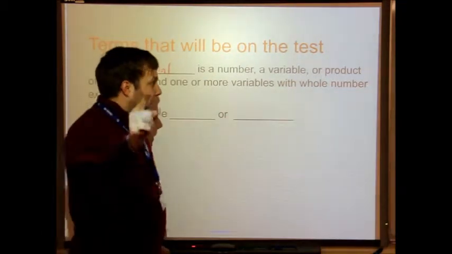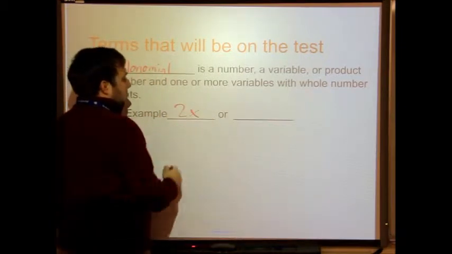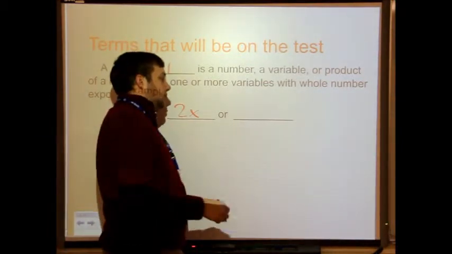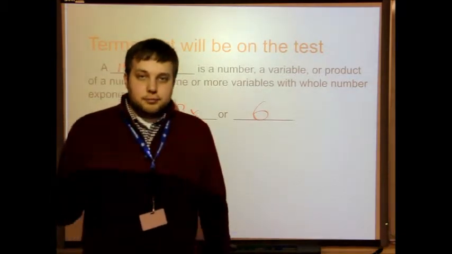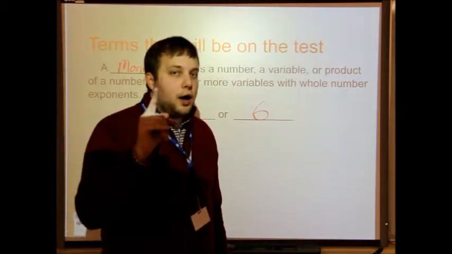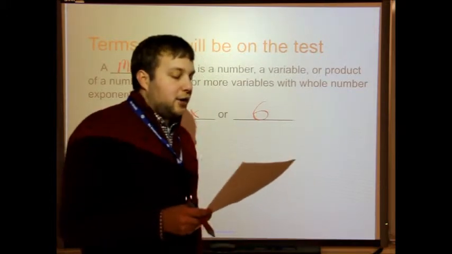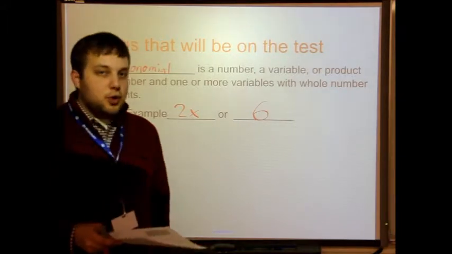So, for example here, we have something like maybe 2x. That is one term. Another instance would be like 6. That's one term as well. So mono means one. And we'll get down to some other ones, some binomials and trinomials a little bit later, but mono is one, and you know that.